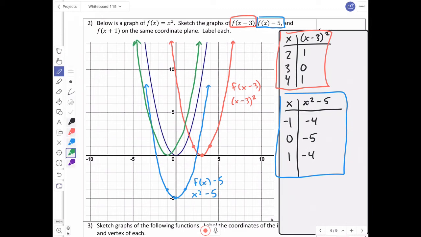So that's f of x plus 1, which is also known as x plus 1 squared. And if I were to make a little table of x plus 1 squared, I could have done negative 2, negative 1, 0, which would have made 1, 0, and 1.